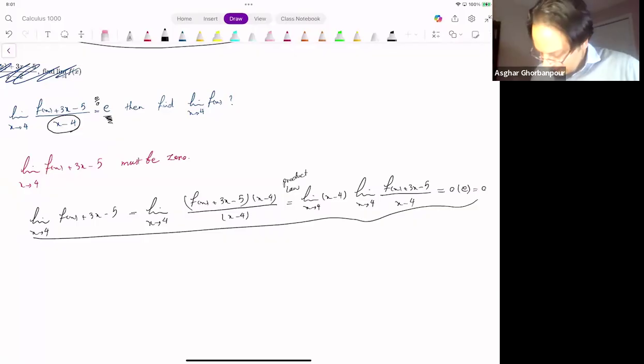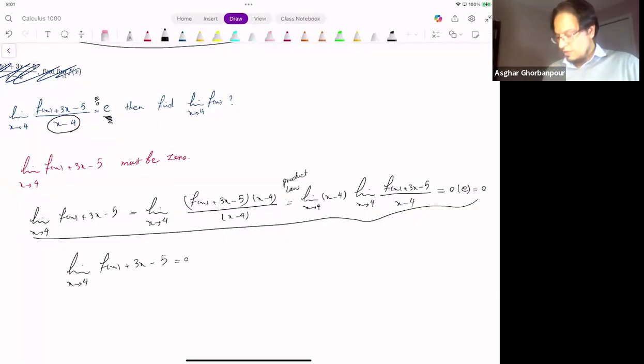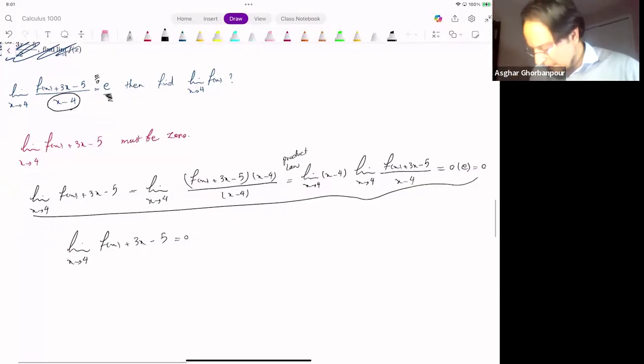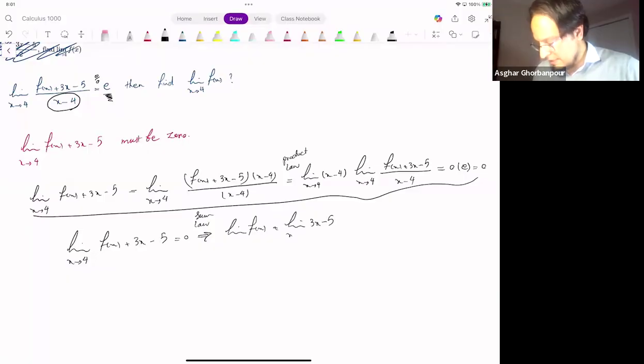So if the limit of f of x plus 3x minus 5 is equal to 0 as x goes to 4, by a limit law, the limit of f of x plus the limit of 3x minus 5 as x goes to 4 must be equal to 0.